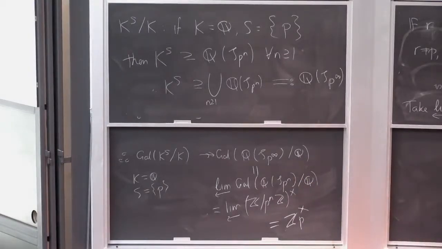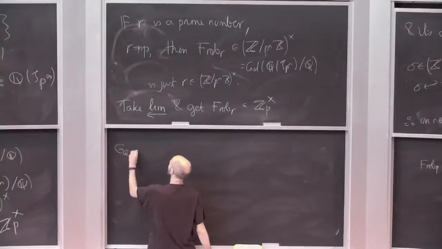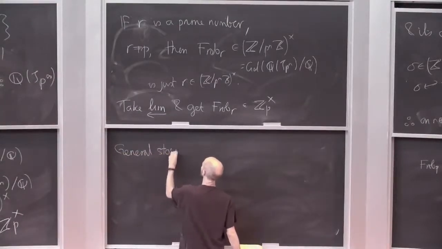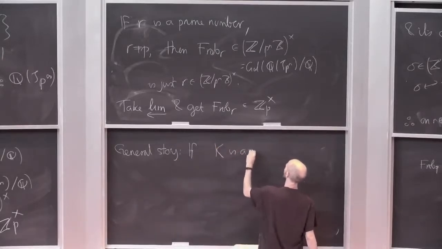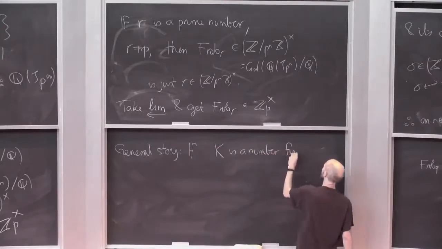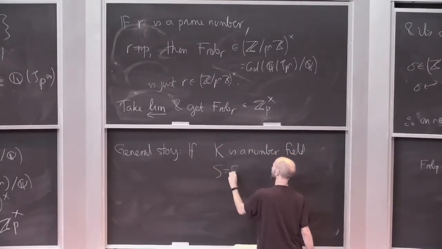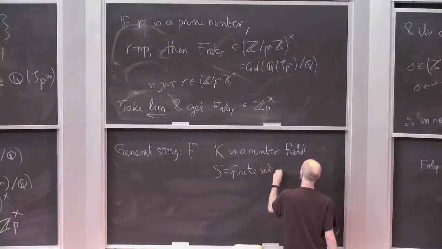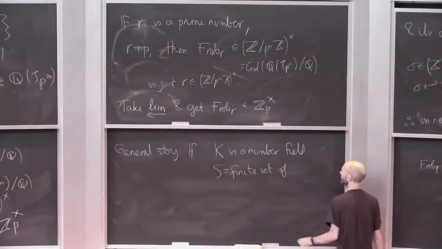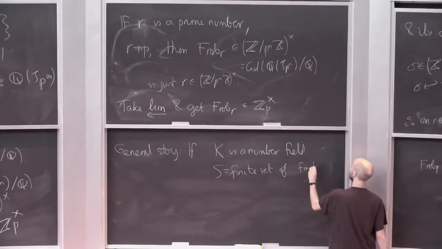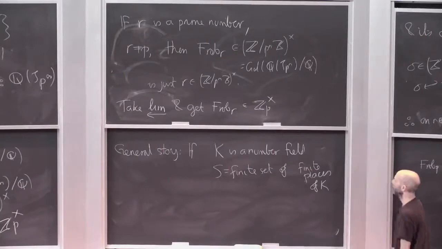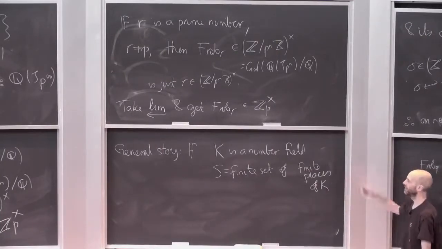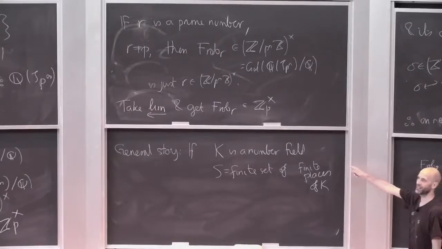So the general story, of course: if I've got K as a number field, and S is some finite set of finite places of K. That's just another way of saying maximal ideals of OK, which is another way of saying non-zero prime ideals of OK.